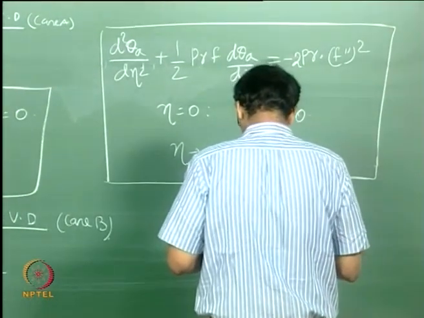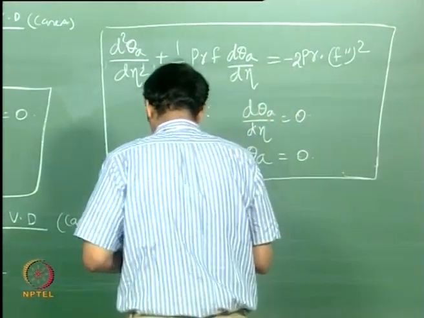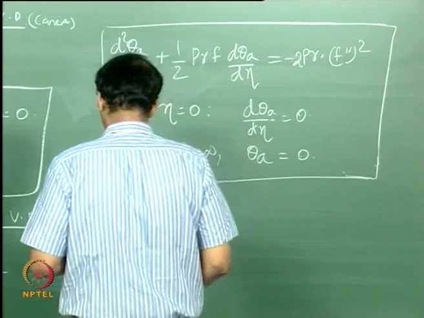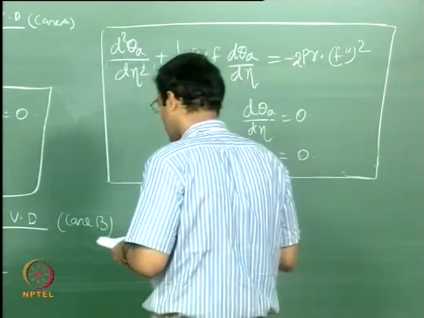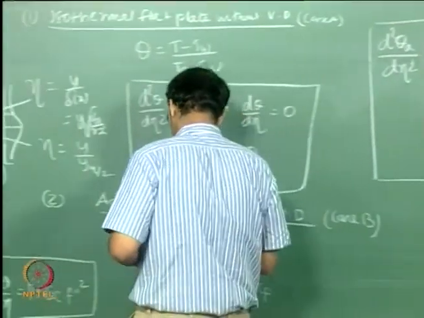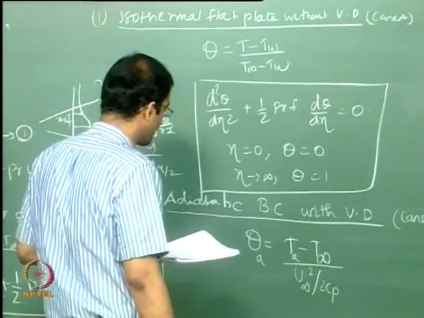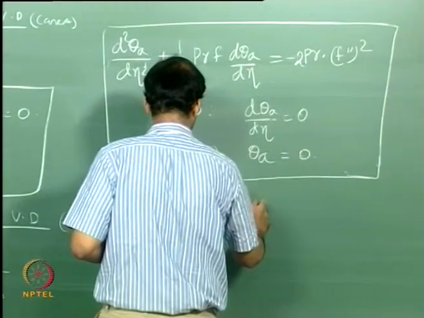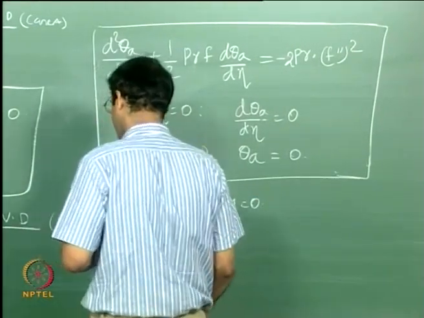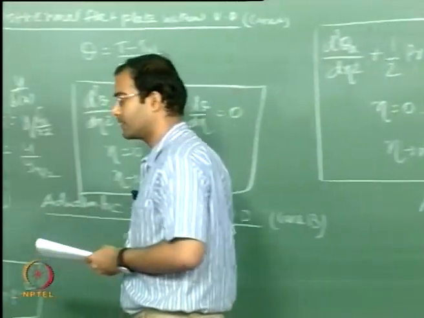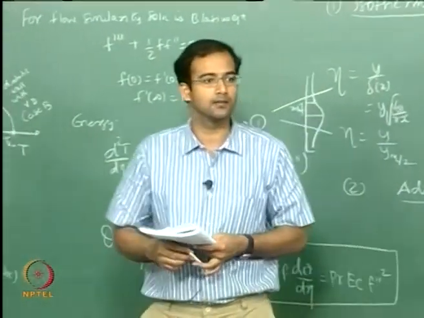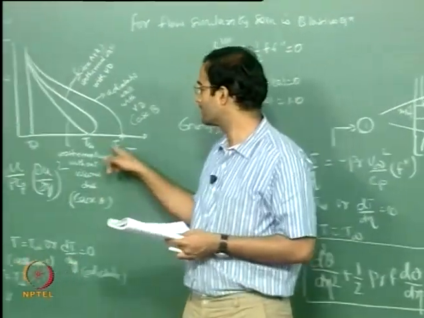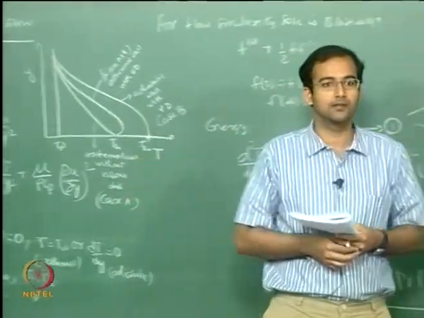So now I am going to give you a general solution, and before that let us try to understand what this definition of theta means at eta equal to 0. So at eta equal to 0, I can calculate the value of T at the wall. That is nothing but what? The adiabatic wall temperature, right?